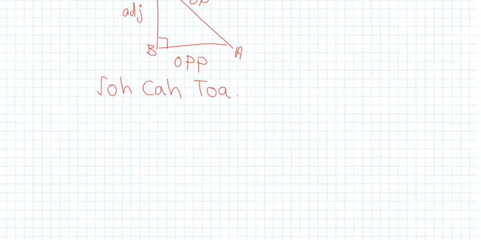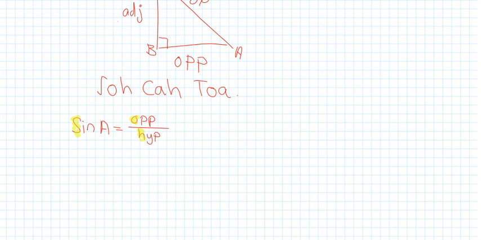So sine of the angle, I'm just going to call it angle A, is opposite over hypotenuse. That's where the SO comes from: sine is opposite over hypotenuse. Okay? That's why we say SO. Okay?